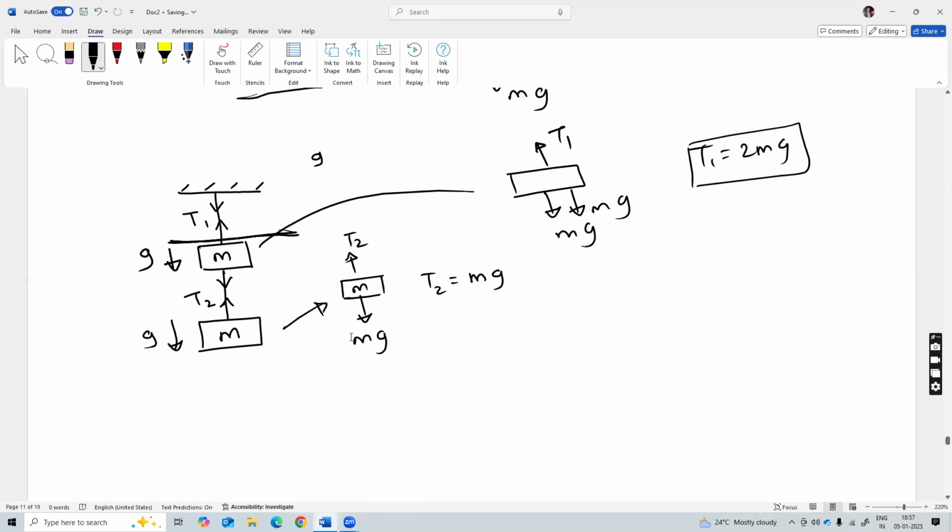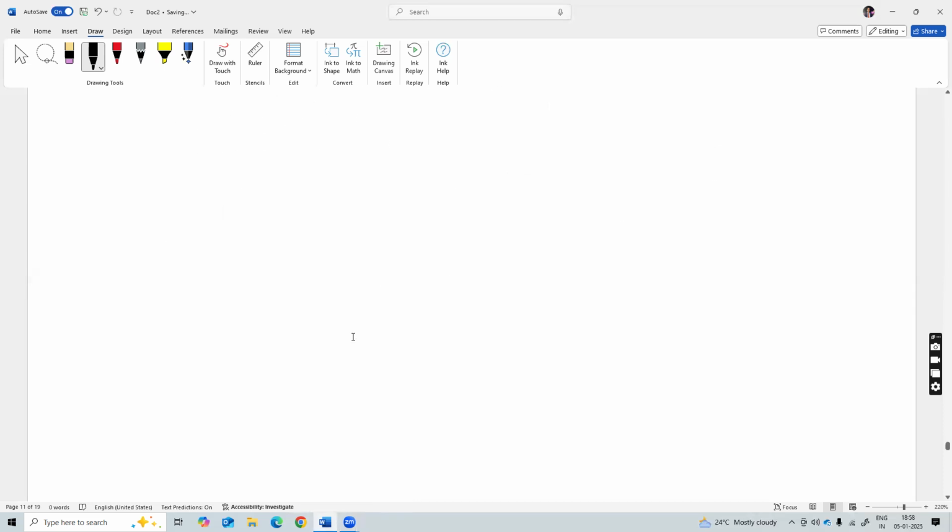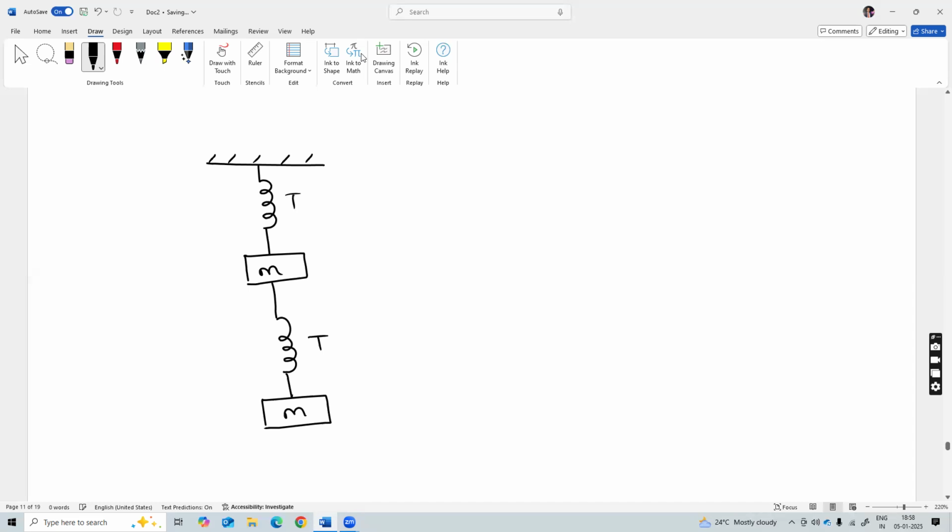Now let's say T1 is the tension in this spring, and T2 is the tension in this spring, which will be equal to mg.